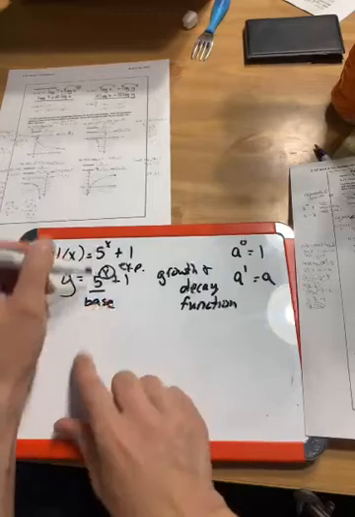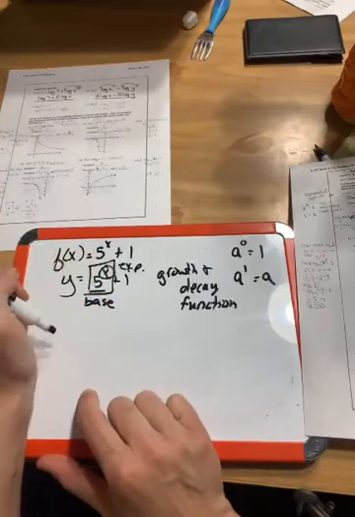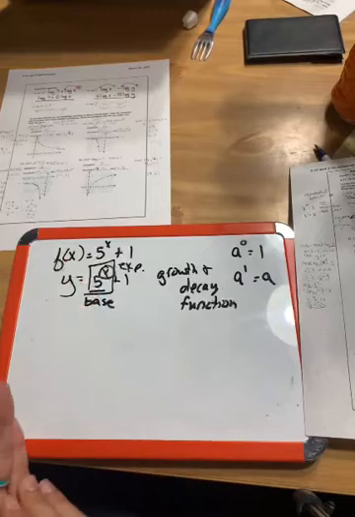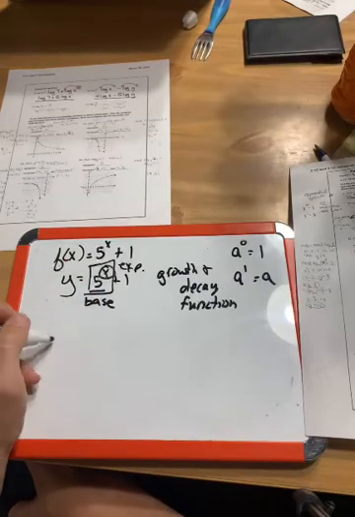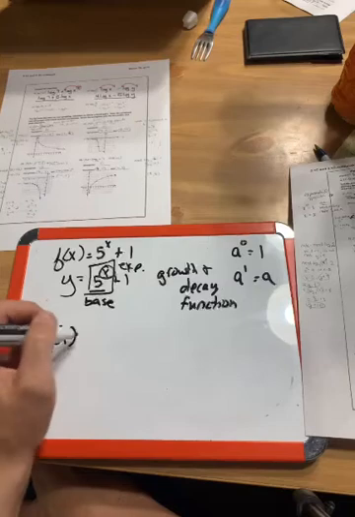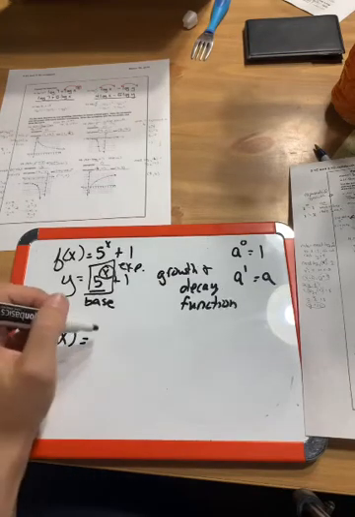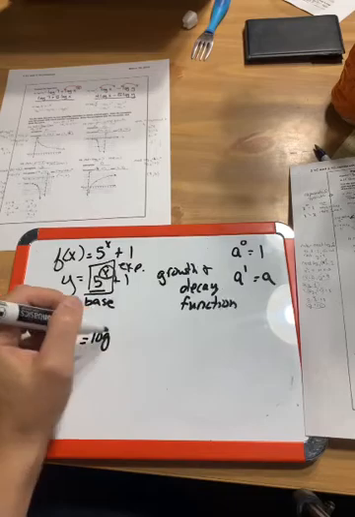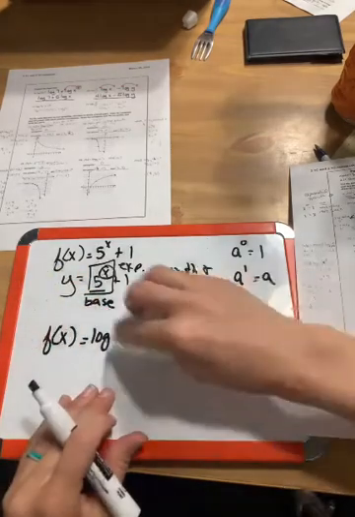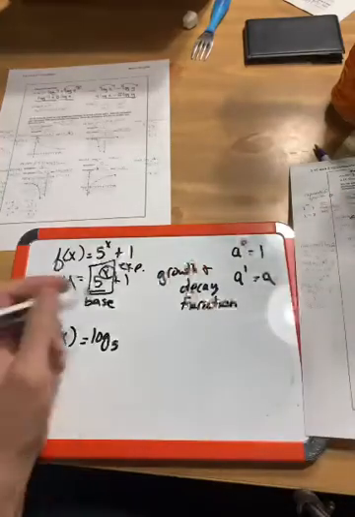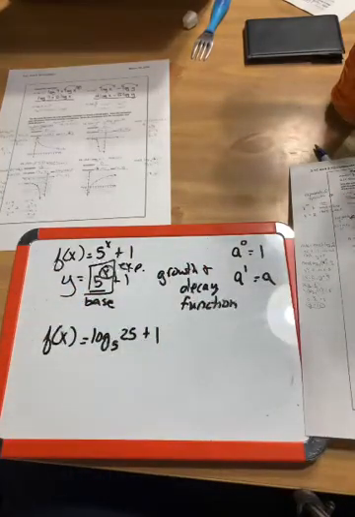So in this case, we have it written in our exponent form. If we were to change this and write it where we've got our function is equal to log base 5, let's make it 25 plus 1.